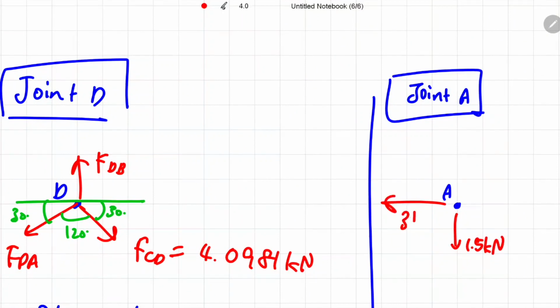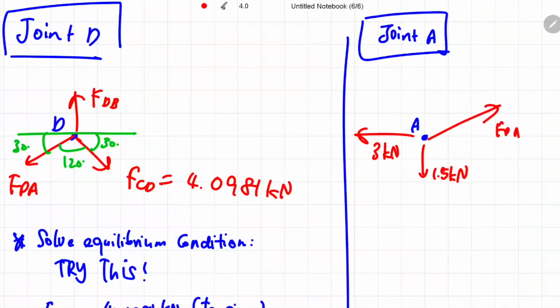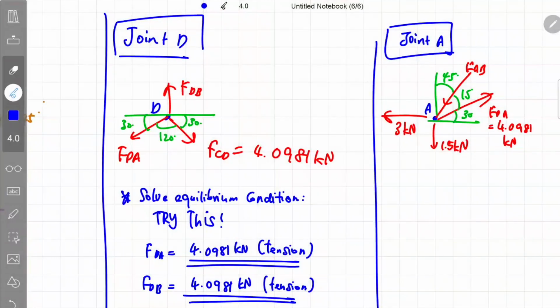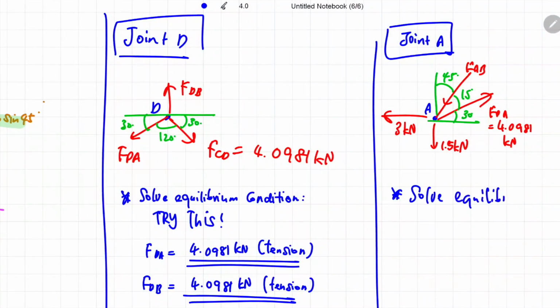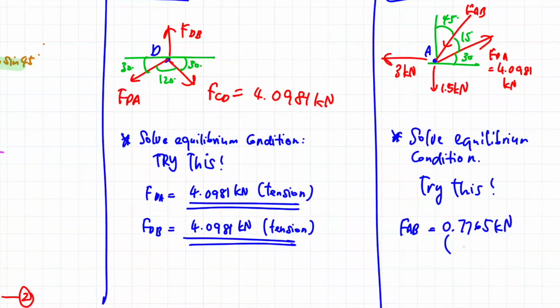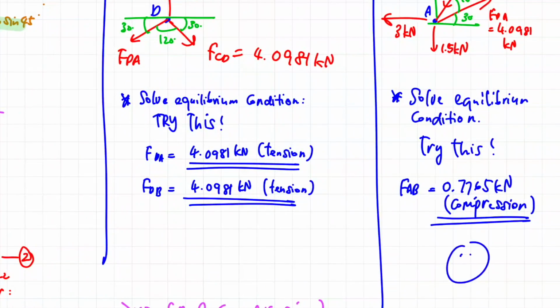Try this on your own. Okay, if your working is correct, then you will get the force at member AB to be 0.7765 kilonewton, and it is in a compression state. Okay, done.